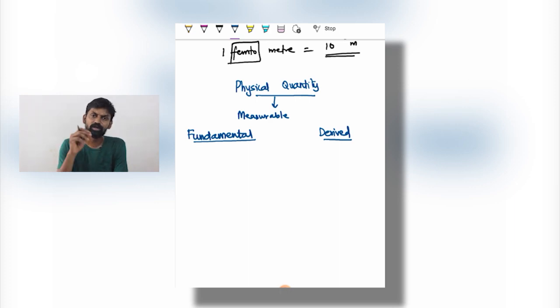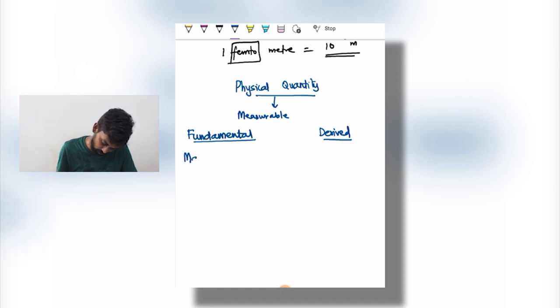We have totally 7 fundamental quantities and there are 2 supplementary quantities as well. They have some special property, that is why they are placed separately even though they look fundamental. But derived quantities, we have a large number. Other than these 7 plus 2, all the rest of the physical quantities come under derived quantities. See, what are the fundamental quantities?